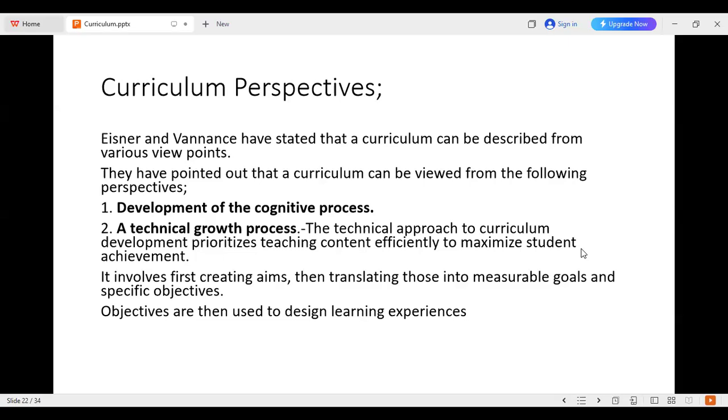Designing learning objectives or learning outcomes, measurable and specific goals, those are technical aspects, also important. These technical aspects are necessary for the implementation of a curriculum. Therefore, whenever we design a curriculum, we should consider that technical process also.